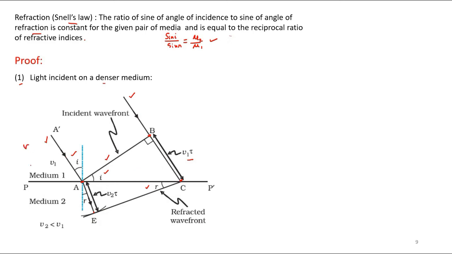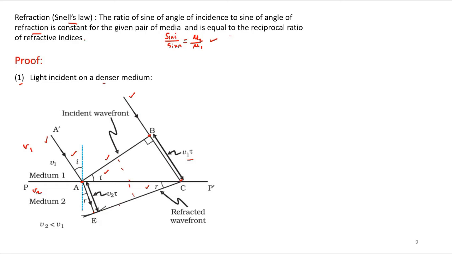Velocity in the first medium is V1, second medium velocity is V2. By the time B reaches C, A reaches E, because this is the incident wavefront AB. This wavefront travels like this and comes like this. So AB at a later instant of time is CE. But how to construct CE?